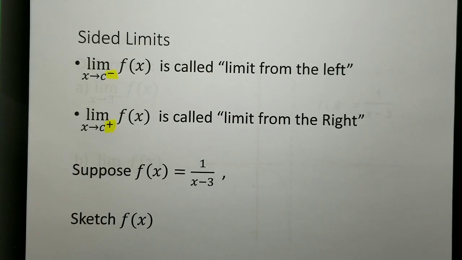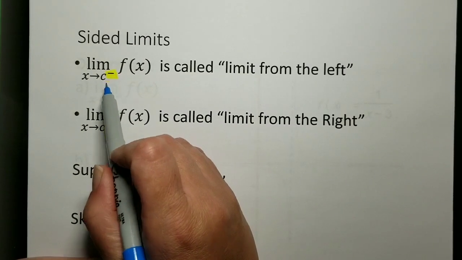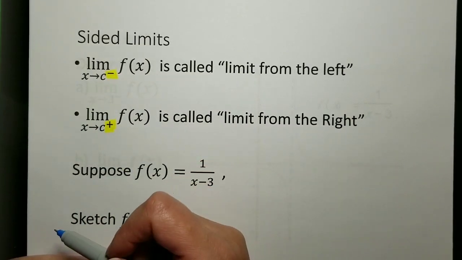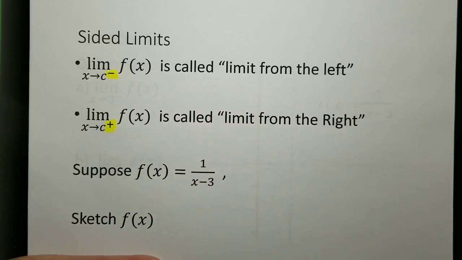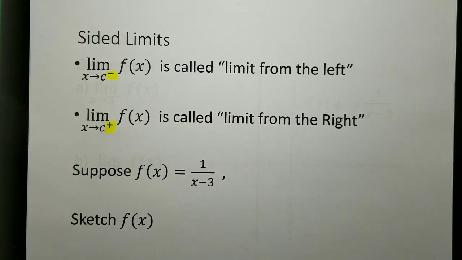If you're talking about the limit on the left side of the function, you have a little minus, because that's towards the negative side. And if you're thinking about the x-axis, a plus sign means we're evaluating the limit coming from the positive side, or from the right side of the function.